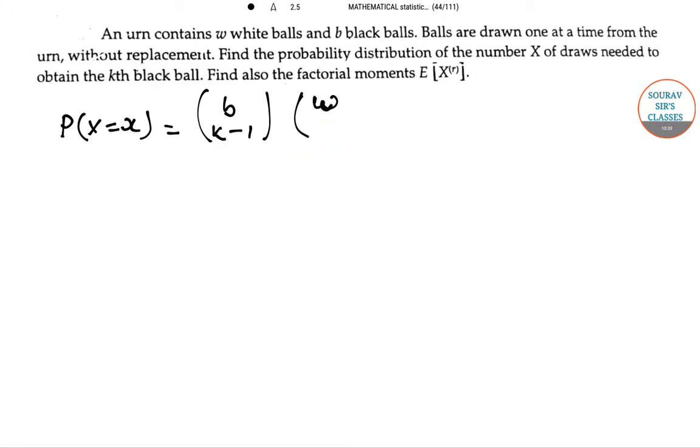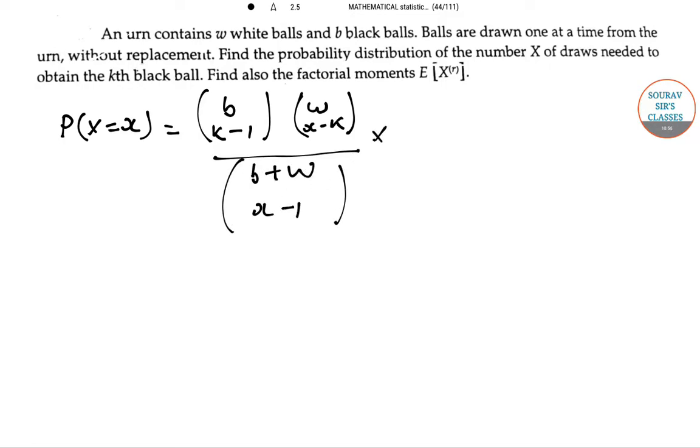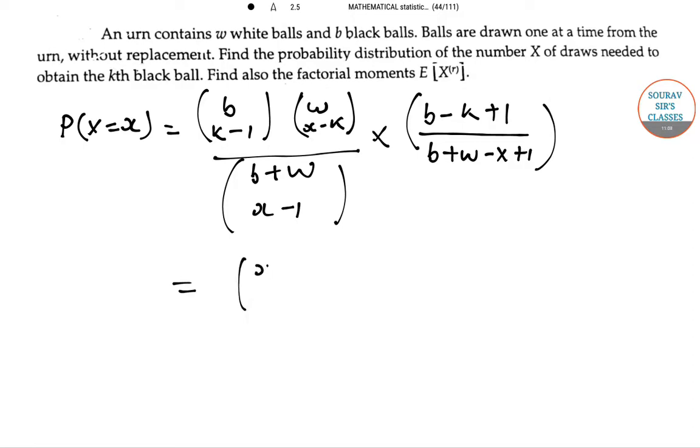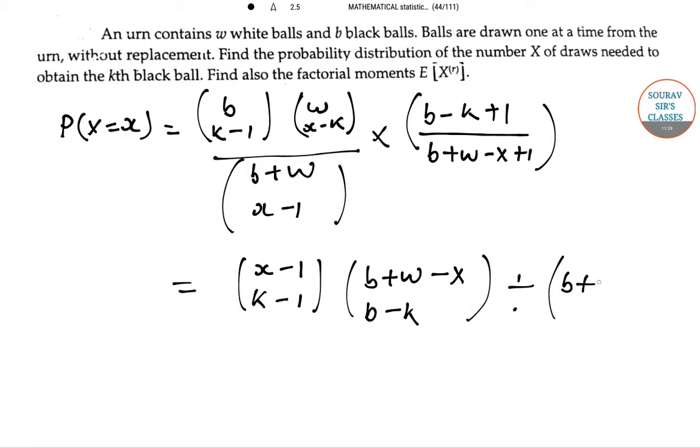If you further solve this, it will be w by x minus k divided by b plus w, x minus 1, multiplied by b minus k plus 1 divided by b plus w minus x plus 1, which equals x minus 1 choose k minus 1, b plus w minus x choose b minus k, divided by b plus w choose b.